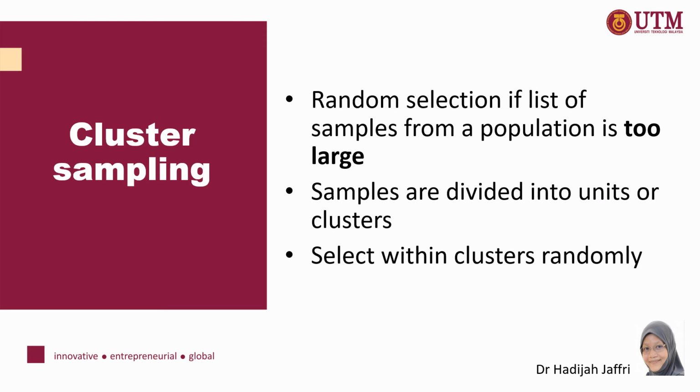Lastly, the fourth type of probability sampling is cluster sampling. It is a way to randomly select participants from a list that is too large for simple random sampling.